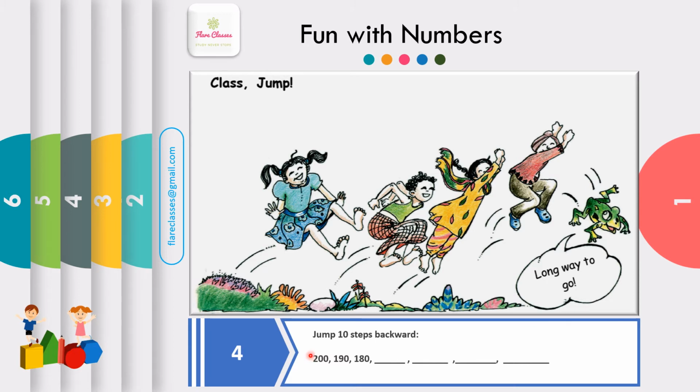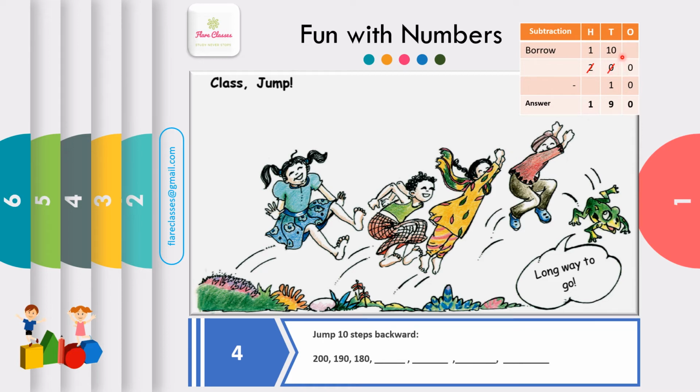Here, children are jumping 10 steps backward. If we say 10 steps backward, it means we have to subtract 10 from a given number. If we subtract 10 from 200, new number will be, at ones place we have 0 minus 0, answer will be 0. At tens place 0 is less than 1, so we cannot subtract, we have to take a borrow from here.